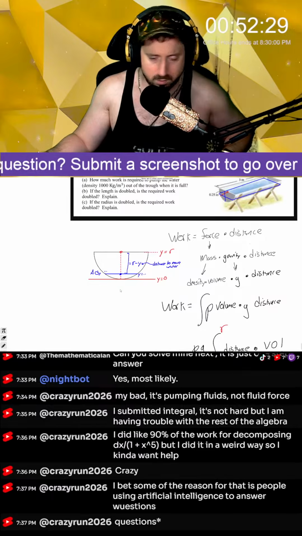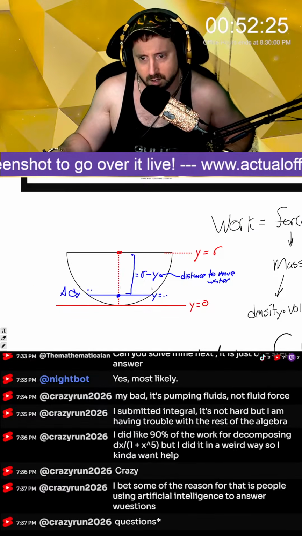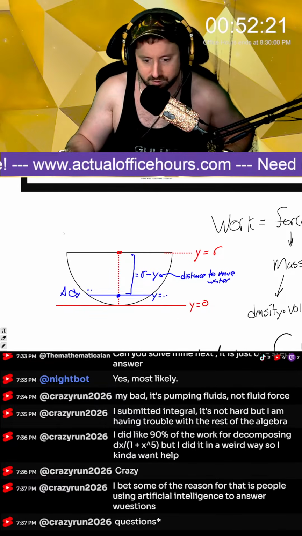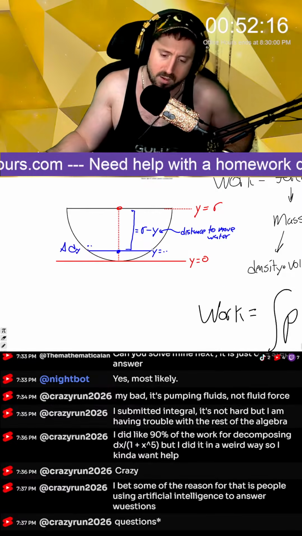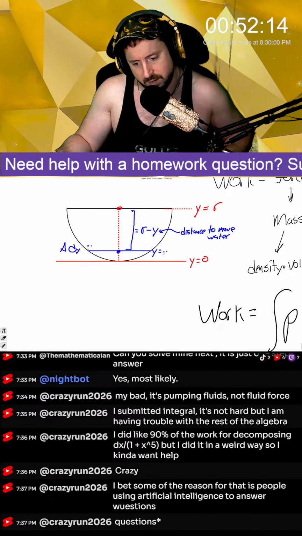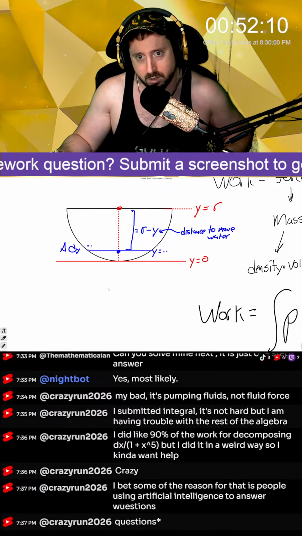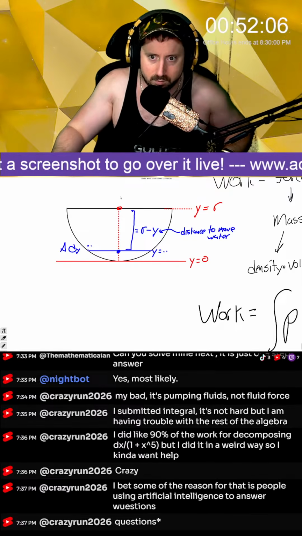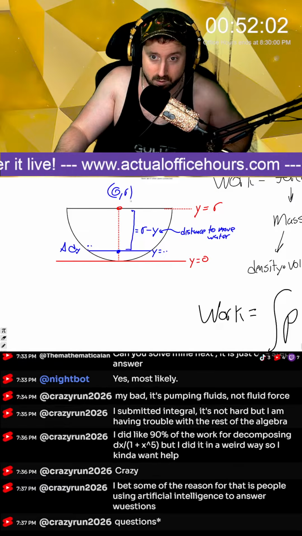So now we have to consider what the width across this semicircle is based on what the y value is. And what I can do is pretend that this is the equation of a circle, a circle centered at (0, r).